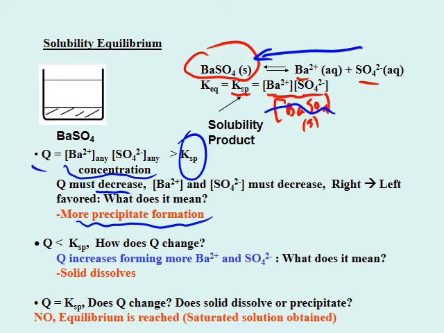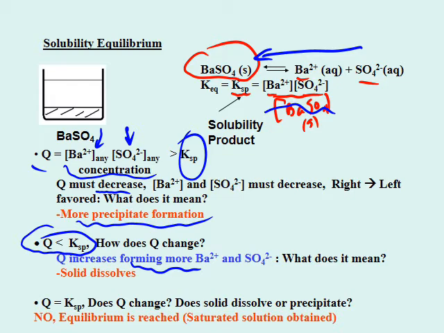What would happen if Q value is less than KSP, in the second case? Again, I can add Ba2+ and sulfate in the solution in such a way that Q value is less than KSP. So what would happen as time goes on? Q value must increase. Remember, Q value has to eventually become equal to KSP. So Q must increase with time, and Q increasing with time means Ba2+ and SO4 2- have to increase.